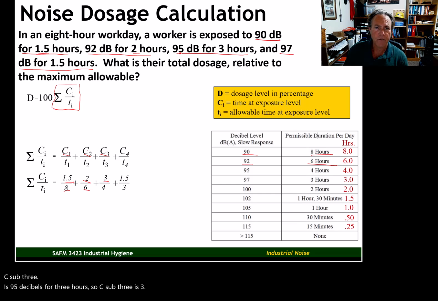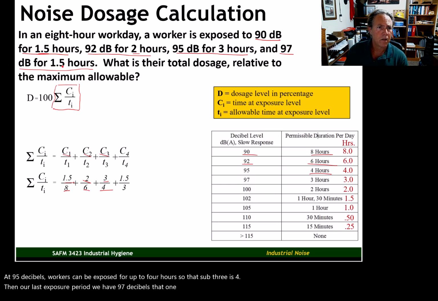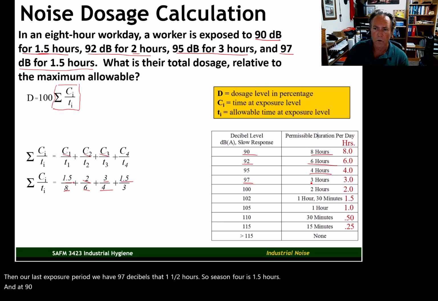At 95 decibels, workers can be exposed for up to 4 hours. So T sub 3 is 4. Then our last exposure period, we have 97 decibels at 1.5 hours. So C sub 4 is 1.5 hours. And at 97 decibels, workers can be exposed to that level for up to 3 hours. So T sub 4 is 3.